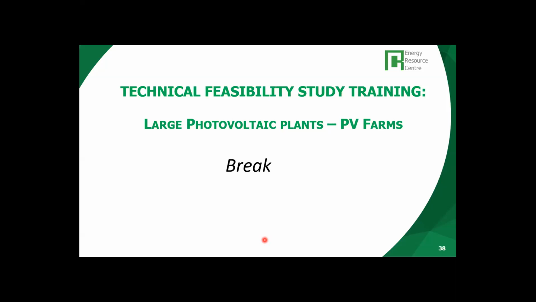Okay, thank you. So if we were mentioning a reference of roughly 0.8 to $1 per watt peak, that would be $1,000 per kilowatt peak and $1 million per megawatt peak.